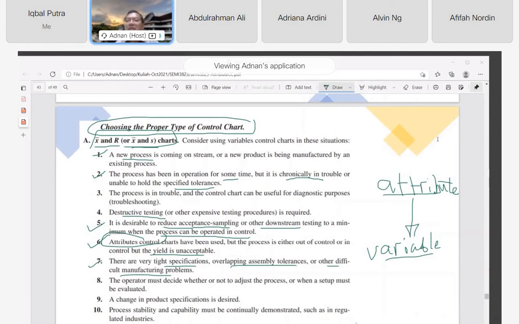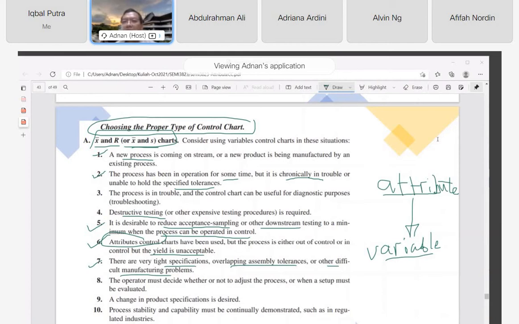Normally we are measuring both the mean and the dispersion. X bar is monitoring the mean, R is monitoring the dispersion, which is the range. The dispersion can be monitored as range or as standard deviation.